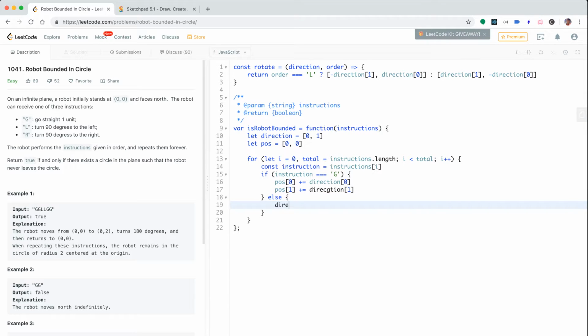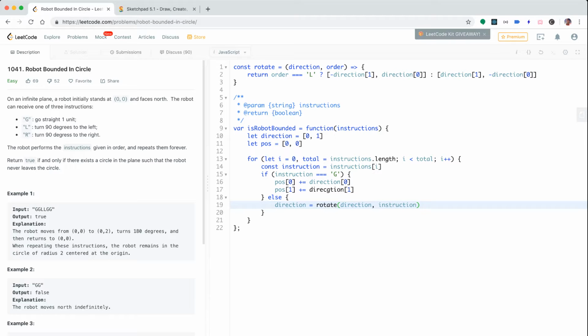So direction equals rotate direction, rotate instruction.